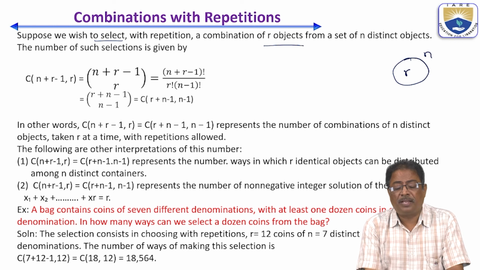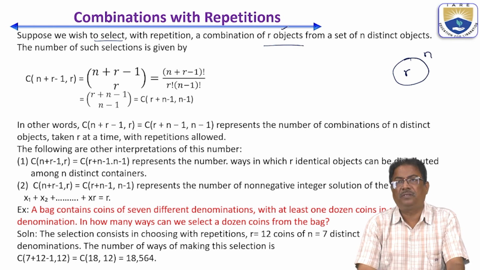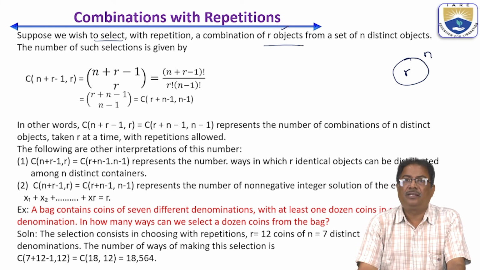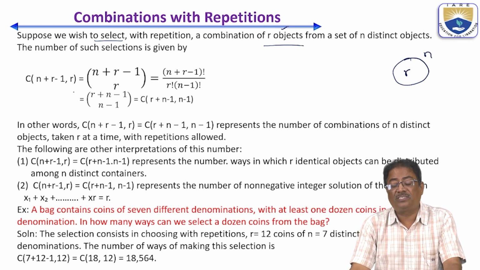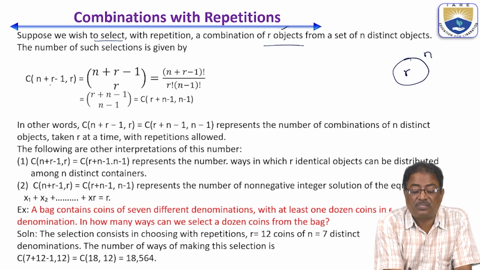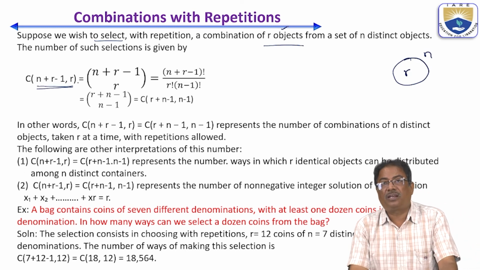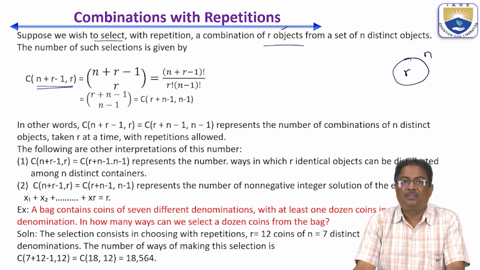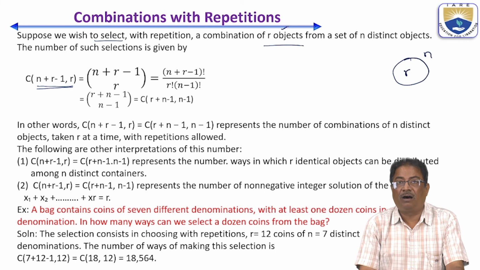So here, for the number of such selections where repetitions are allowed, the number of ways that we select is n plus r minus 1 Cr. If repetitions are not possible, it is nCr ways.